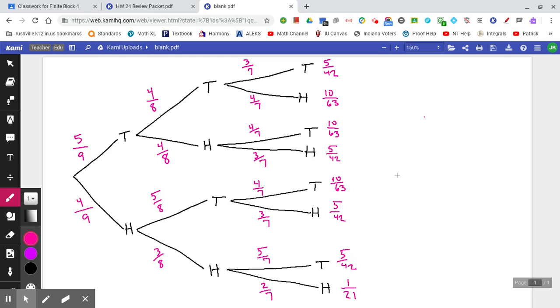Now I just need to figure out what I am going to take away from this diagram. So the question said, 3 cars are selected at random. If both makes are included, find the probability that exactly 2 are Hondas. So the condition is that both makes are included.